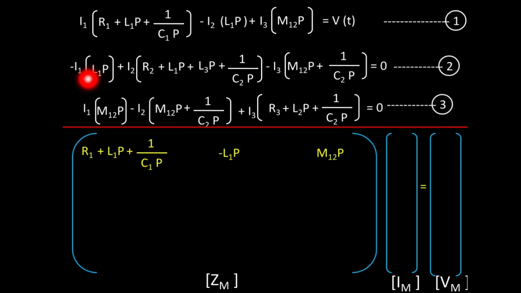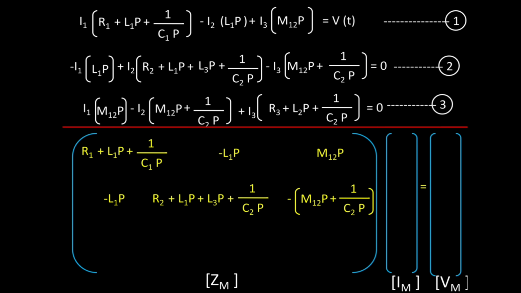The first entry is with I1, which has a minus sign, so we will write minus L1P. Then for the term with I2, we are having R2 plus L1P plus L3P plus 1 upon C2P, and for the entry with I3, we are having minus sign, so minus in the bracket M12P plus 1 upon C2P.